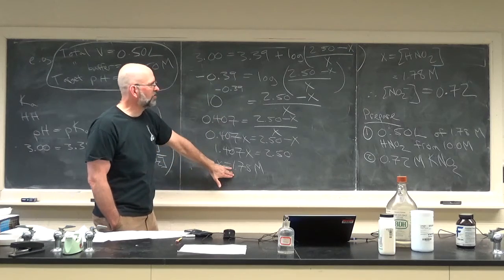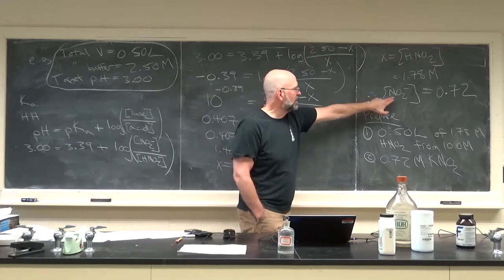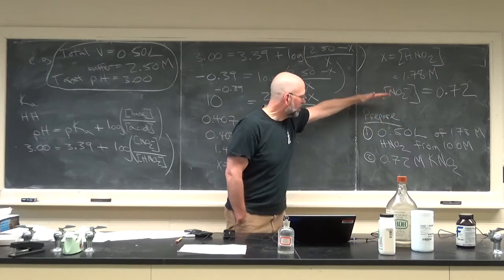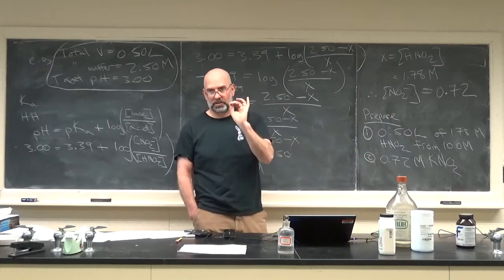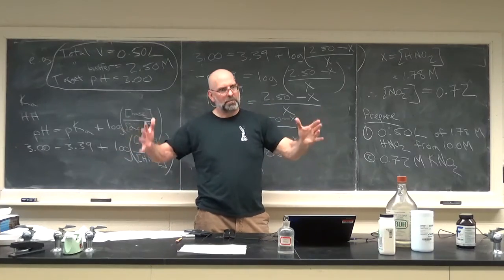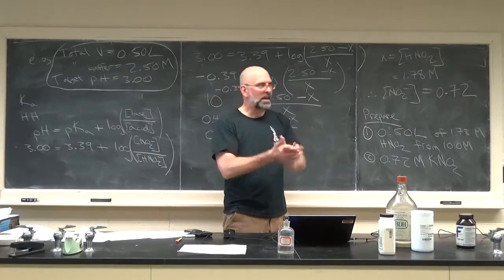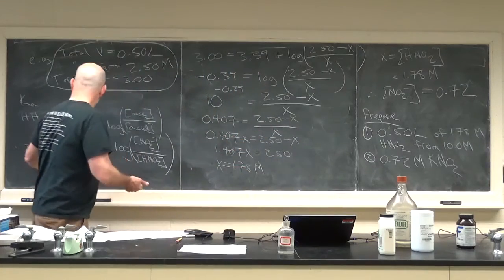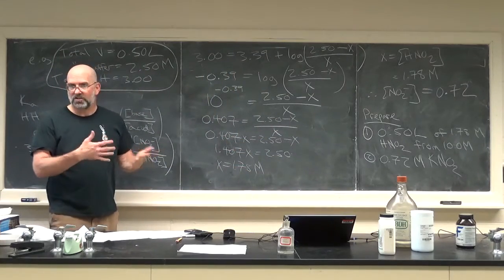You get an acid concentration, you calculate the base concentration, and then you do the recipe for solution preparation. So this is mainly a dry lab that you'll come into the lab, prepare it, check the pH, and see if you hit it. Did you hit the target of 3 in this case, or whatever it is?